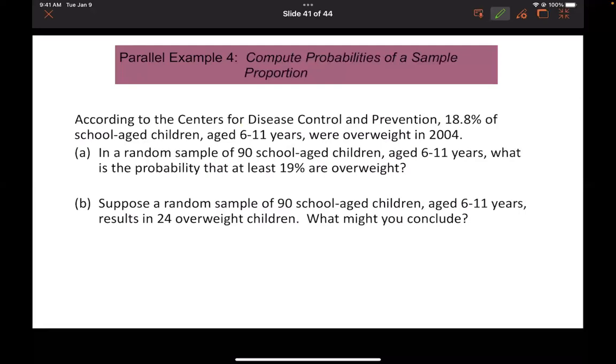We'll do the rest of it together after that, but it's good practice. Go ahead and find the mean and the standard deviation. So I almost did X bar instead of p hat.